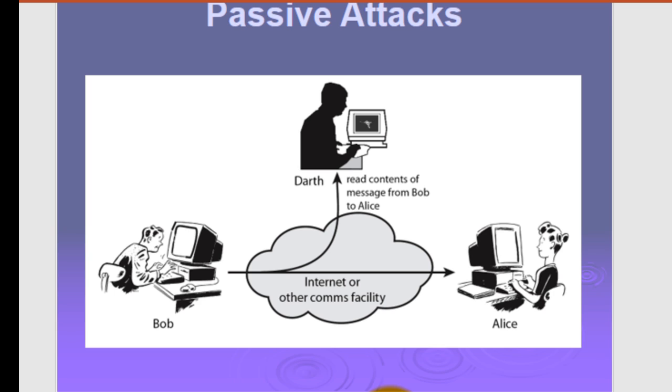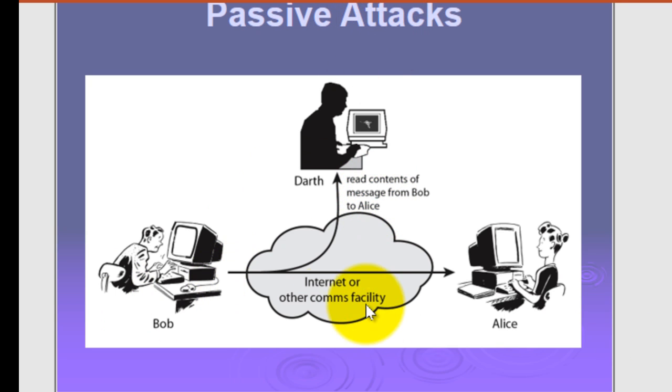He will just observe the message content and make use of that message. Or the hacker will observe the traffic flow in the network, meaning how the messages are going, what intensity of messages are going, how long the messages are going, and from whom the messages are going to whom. All this traffic analysis and message content observation is done. This process is called a passive attack.